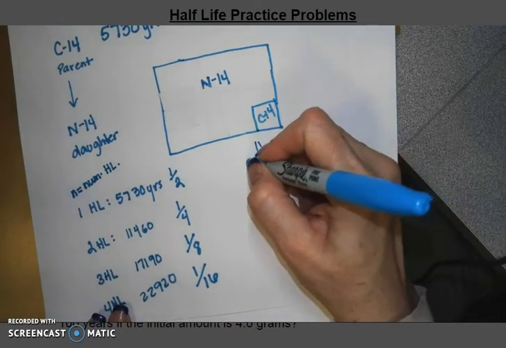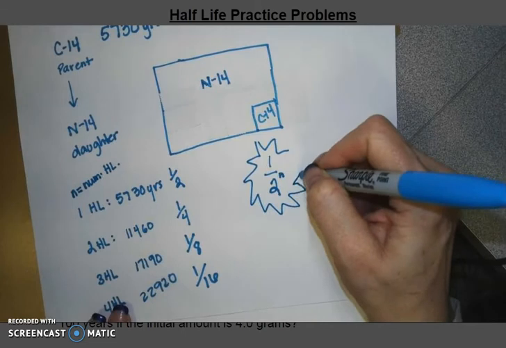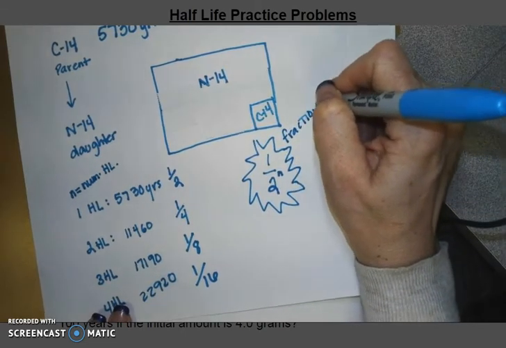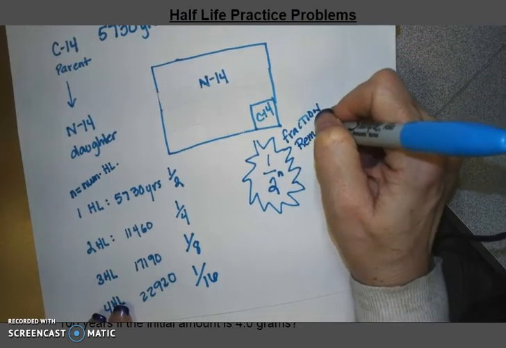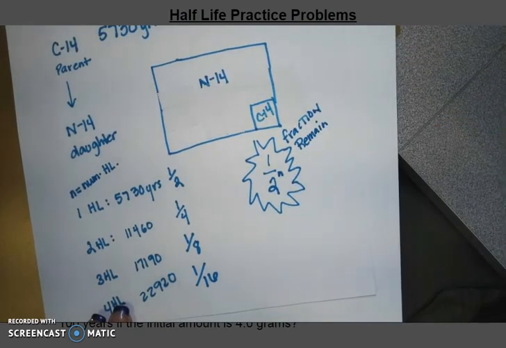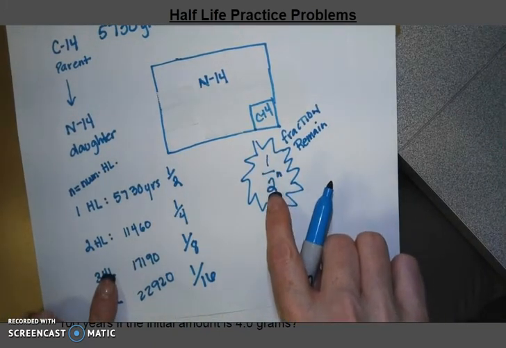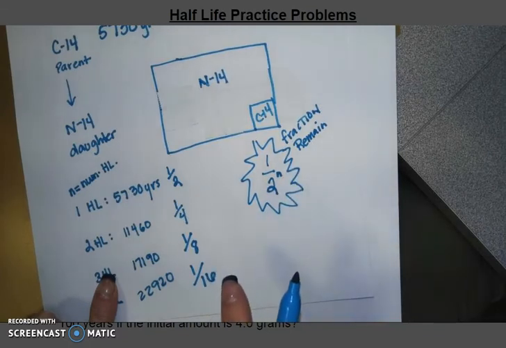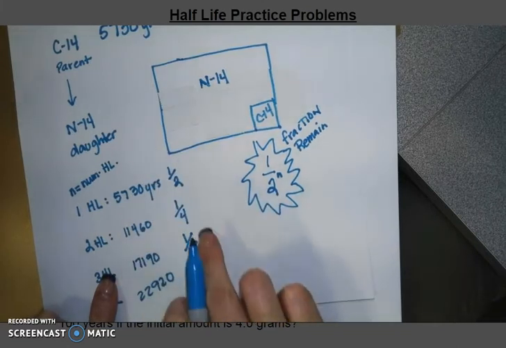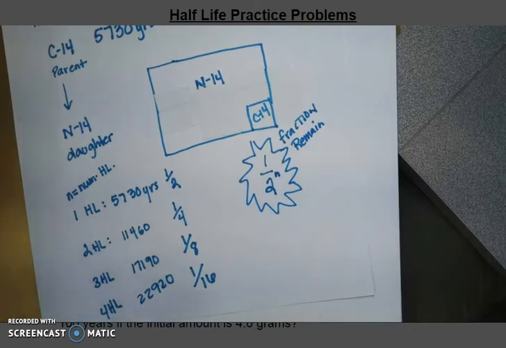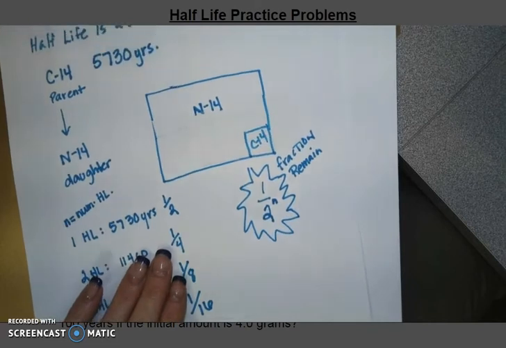This tells us the fraction remaining. So if I have 3 half-lives, it's 1/2 to the third, which would be 1/8 remaining, okay? That keeps you from having to do step by step by step by step. I could go for 50 half-lives, and that would give you an idea of how little is left after that much time.